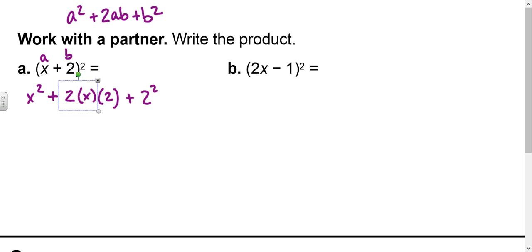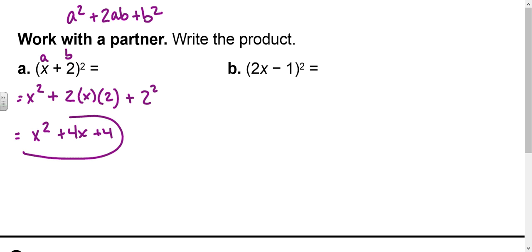So here's what I get from that. After that, if I work this out, then I get x squared, and then what's 2 times x times 2? That gives me 4x, and then 2 squared is 4. So if you were to just multiply it out the long way, then you should end up with the same answer.